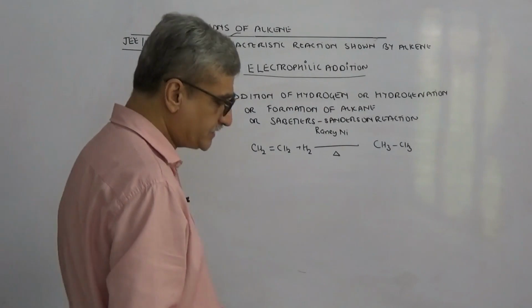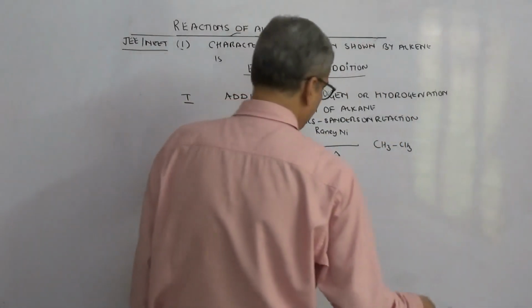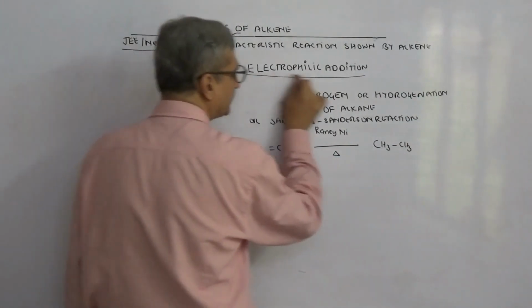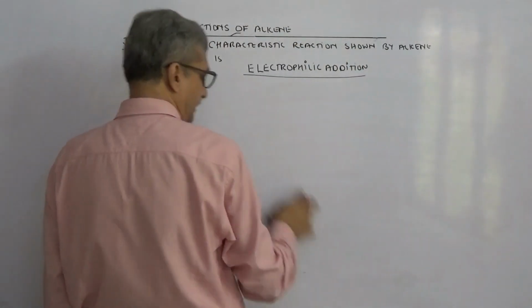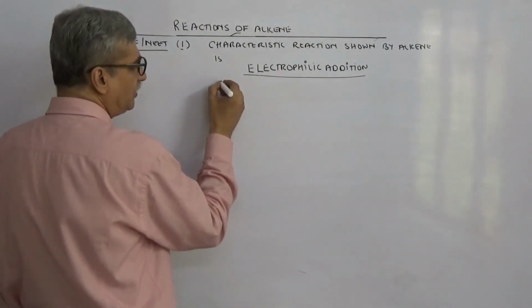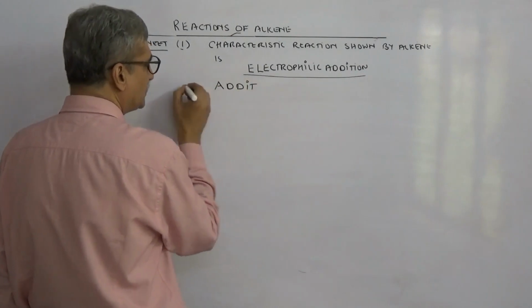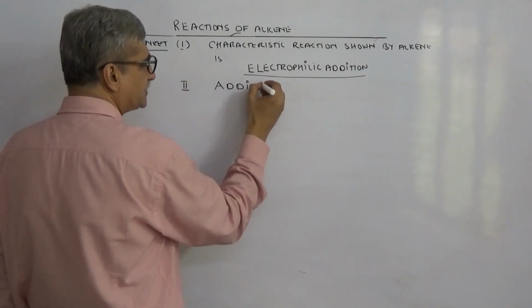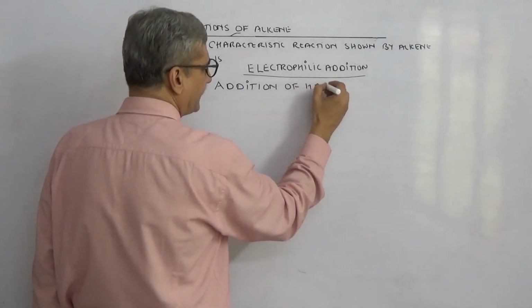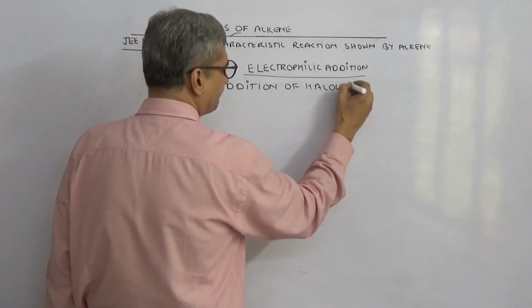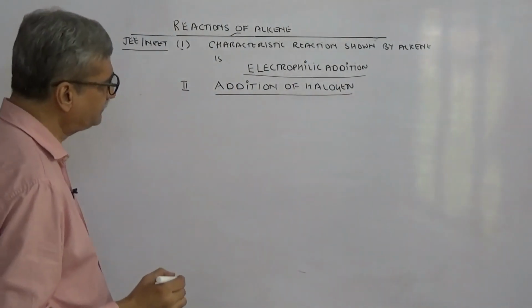Now the second reaction that we have to talk about is addition of halogen. So obviously it's electrophilic addition.